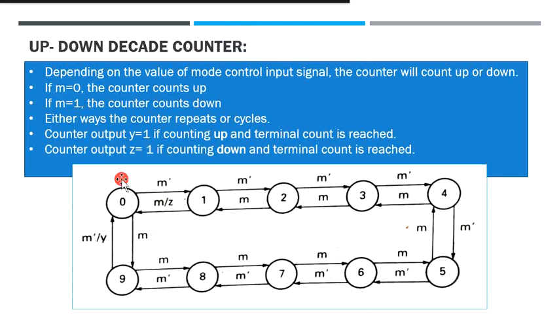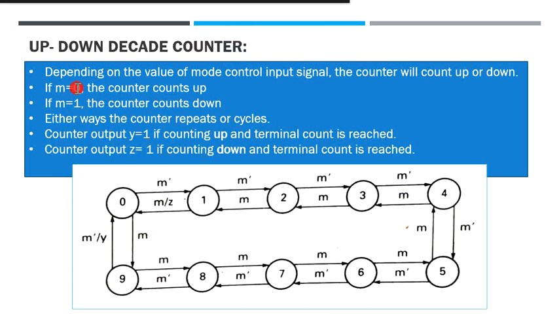The counter is to repeat or cycle, that is, to count from 0 to 9 and then start over if m is equal to 0, and it is supposed to count from 9 to 0 if m is equal to 1. The counter outputs are of two types, y and z.